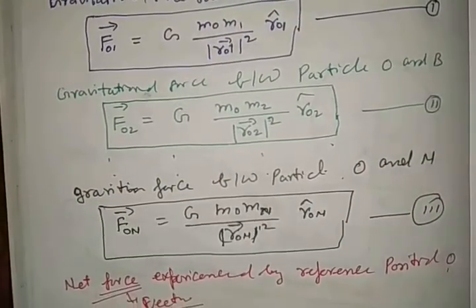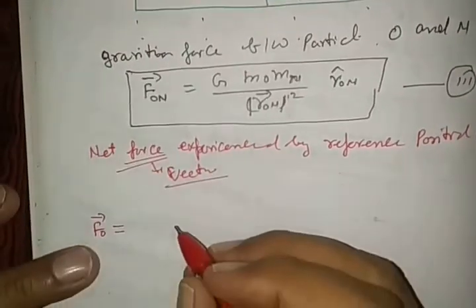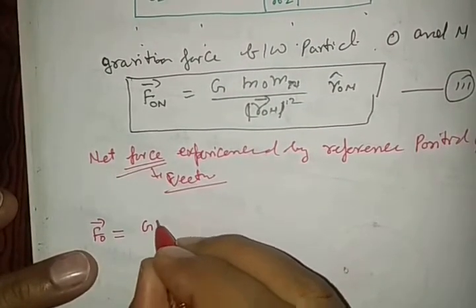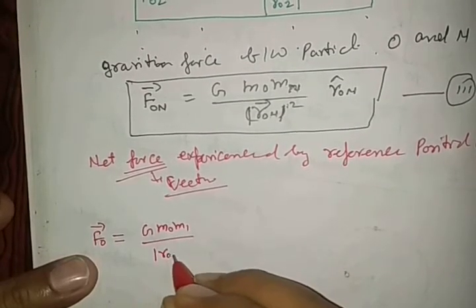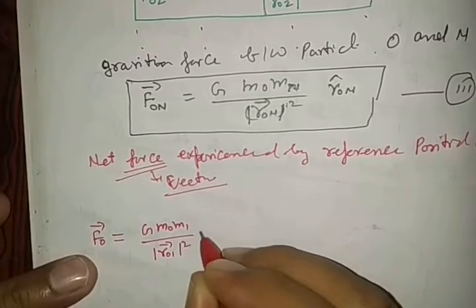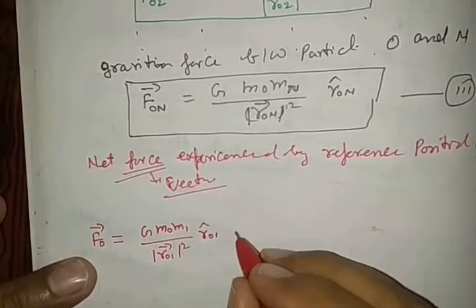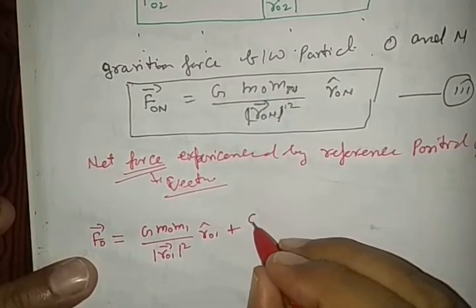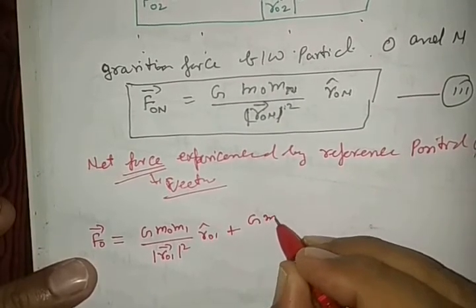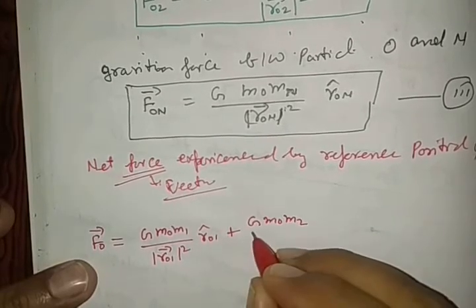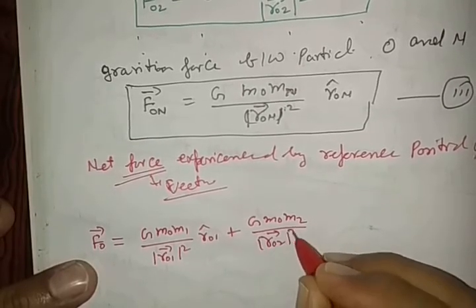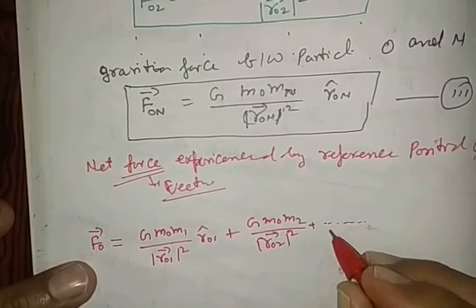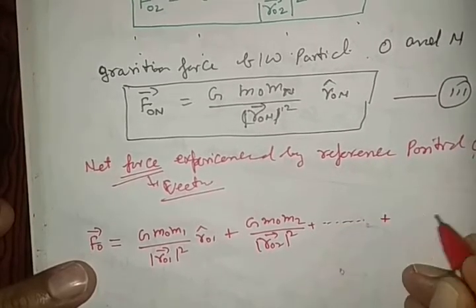So here is the first force: capital G m0 m1 by mod of r01 vector square into unit vector, plus G m0 m2 by r02 vector mod square into unit vector, similarly for third particle, fourth particle, up to the nth particle.